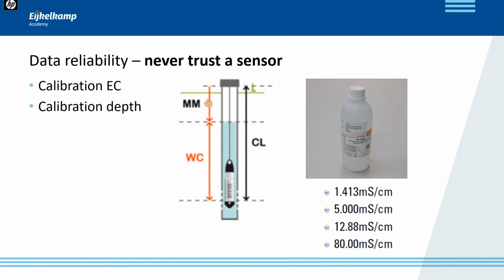To compare results, the EC value needs to be corrected for temperature and expressed to a temperature of 25 degrees Celsius, or depending on the guideline which applies in the country, to 20 degrees Celsius. If the EC value is not compensated to a temperature of 25 degrees, we are talking about true conductivity, and if conductivity is compensated, corrected, we are talking about specific conductivity.